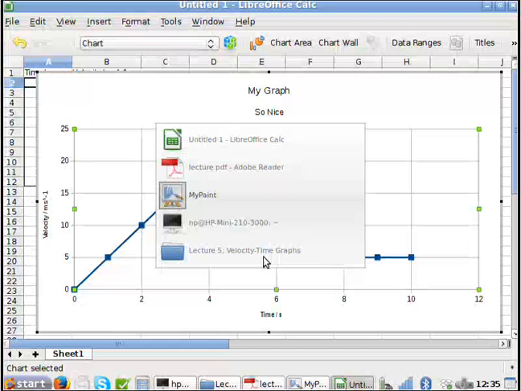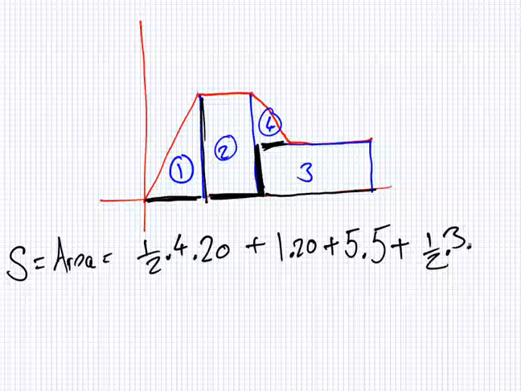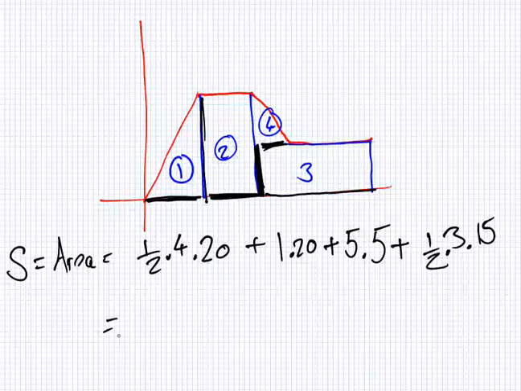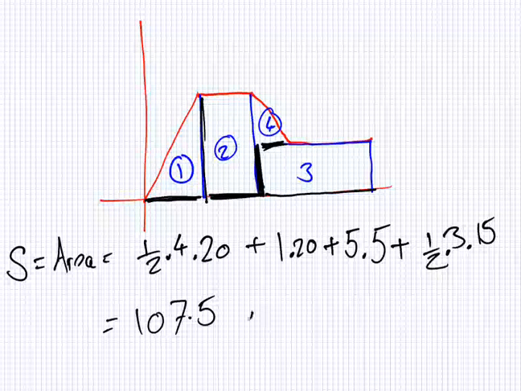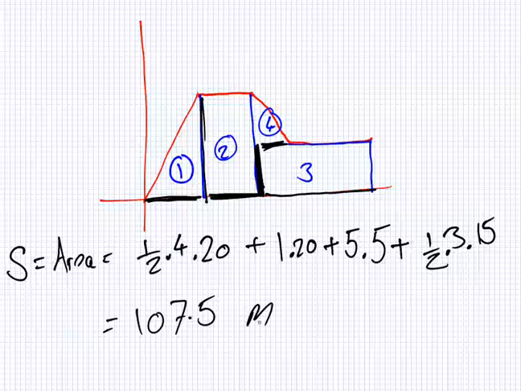Amanda, can you read the question back to me, please? A car starts from rest. Okay, so it starts from rest. They slowly accelerate to 20 meters per second over 10 seconds. Okay, so over 10 seconds it accelerates to 20. So it goes like this.